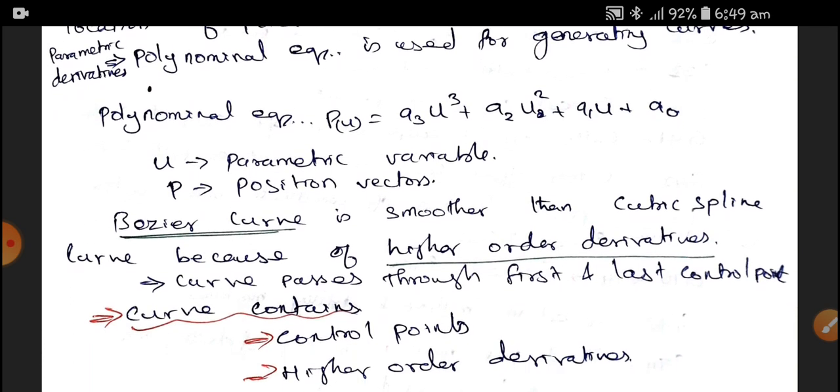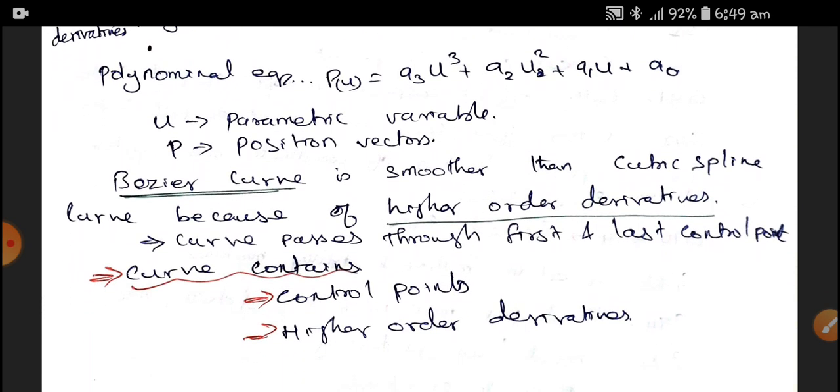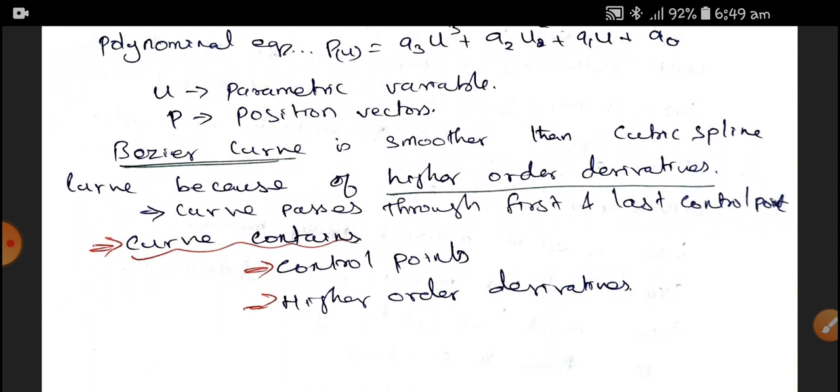The difference between the Bezier curve and the spline curve is that the Bezier curve is smoother than splines or cubic spline curves because it uses higher order derivatives. The curve contains control points, and higher order derivatives are very important in the Bezier curve. The curve passes through the first and last control points, so that is very important.